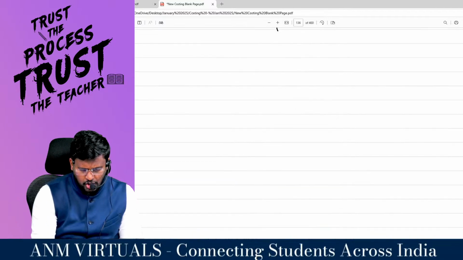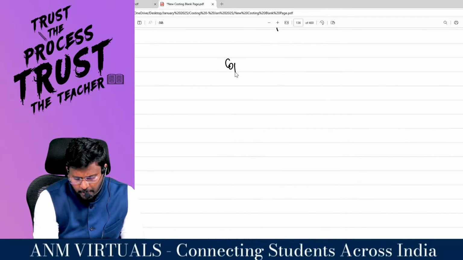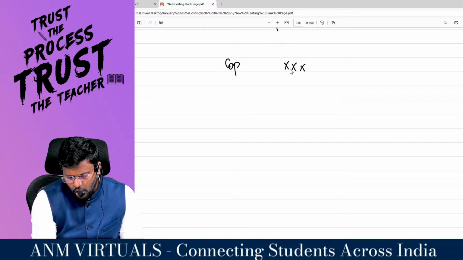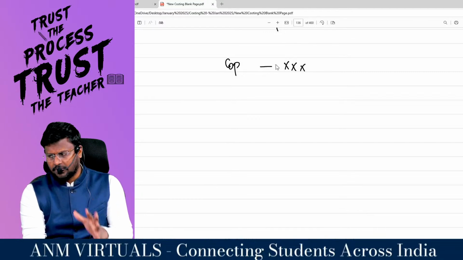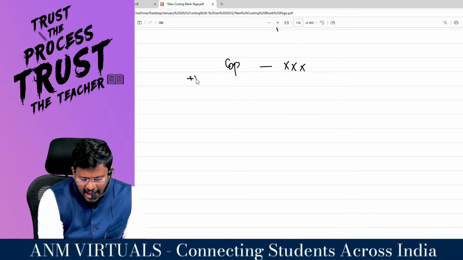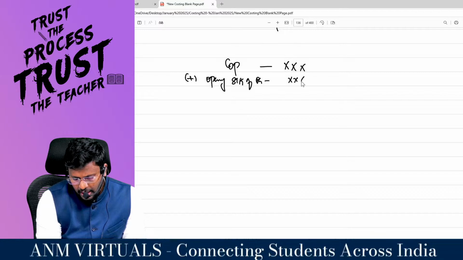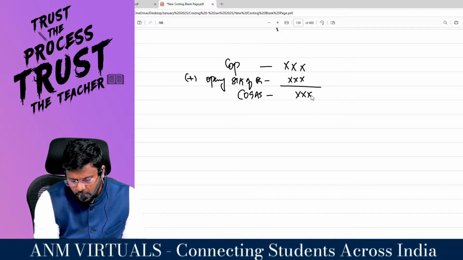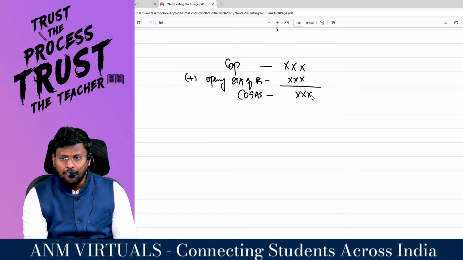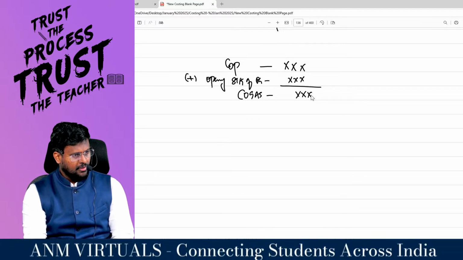To this cost of production, my dear lovable students, whatever the cost of production of the current year, we will add opening stock of finished goods. I will get the COGAS, cost of goods available for sale.